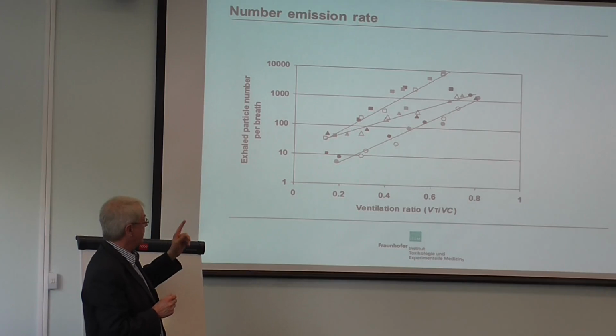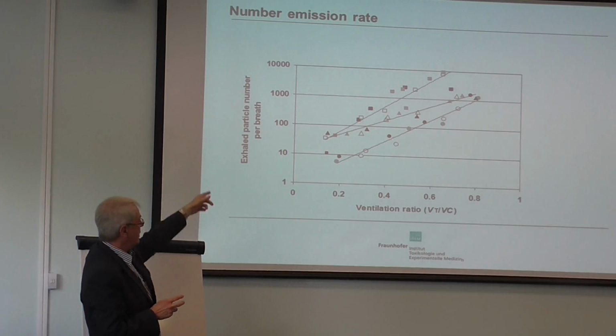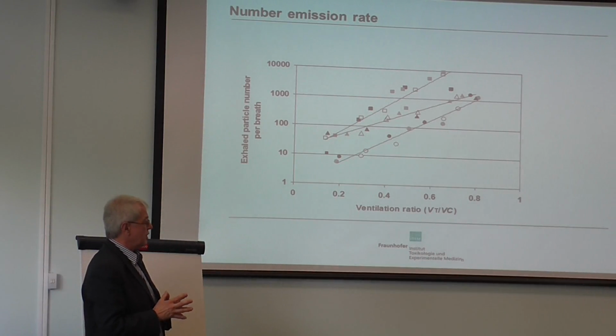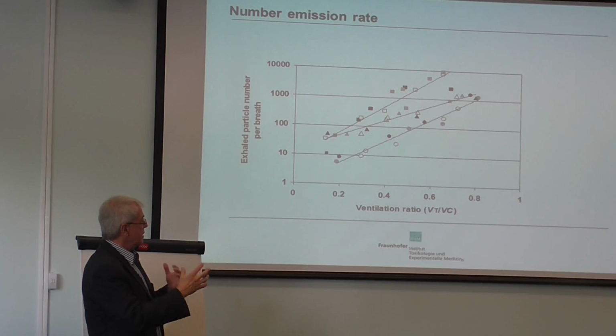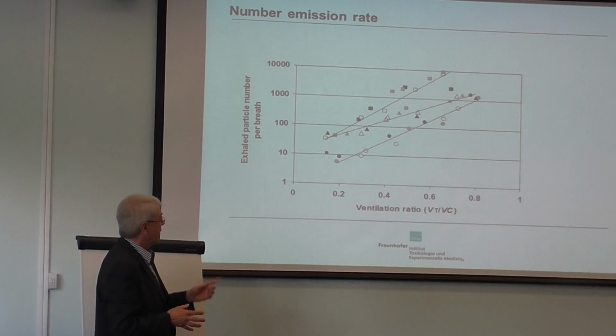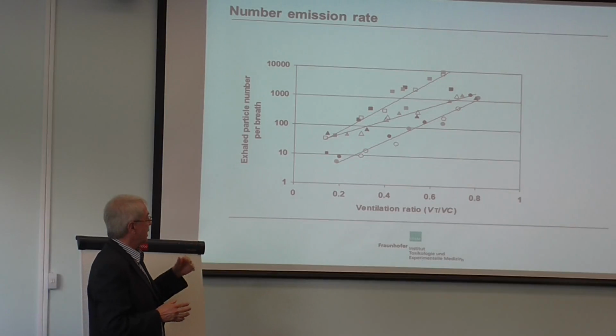And what is the pattern? The pattern is the exhaled particles per breath, which is plotted here as a function of ventilation ratio. So we ask the volunteers to take breaths with different volumes and normalize it to their personal vital capacity, which is the maximum breath that they can take. And as you can see here, there is an exponential increase of particle emissions with this ventilation ratio.